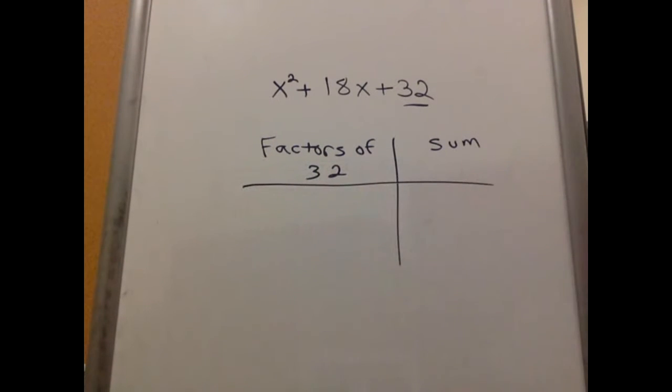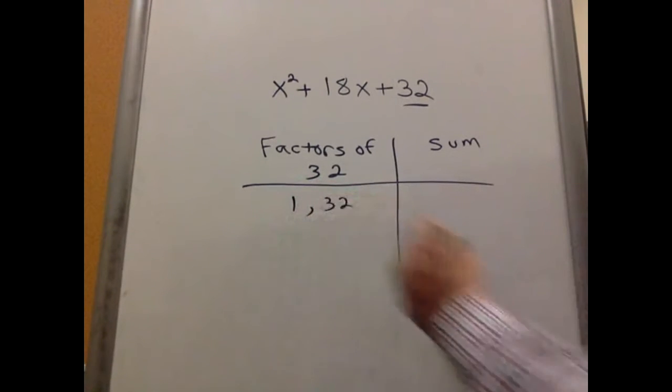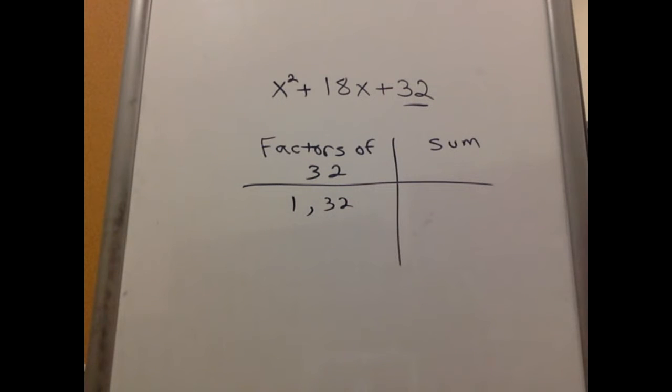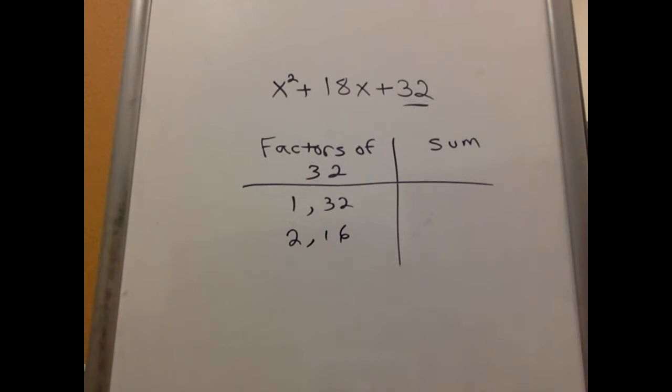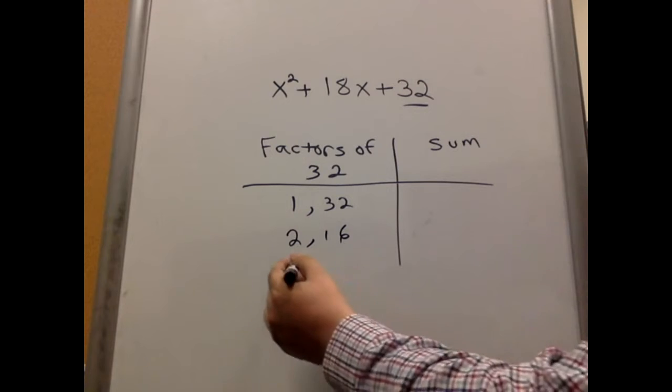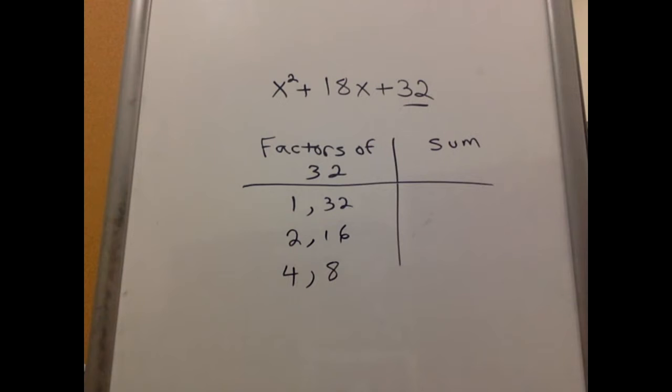Okay, so what are some factors of 32? Well, 1 and 32 is an obvious choice for two numbers that multiply to give us 32. Another set of numbers that gives us 32 is 2 and 16. Another set is 4 and 8. Now I believe that's all of the factors of 32.